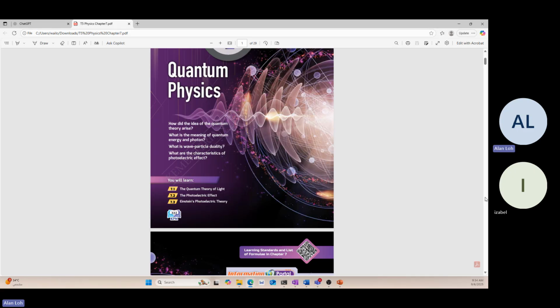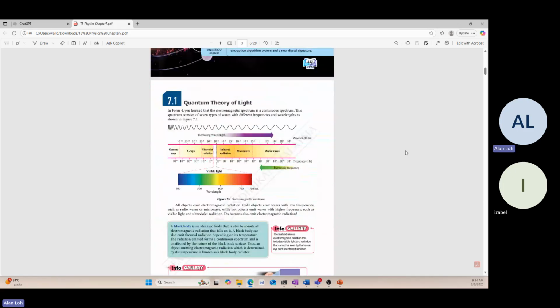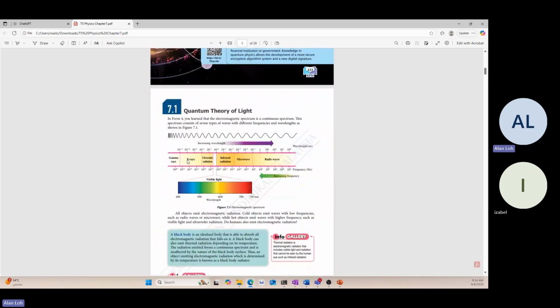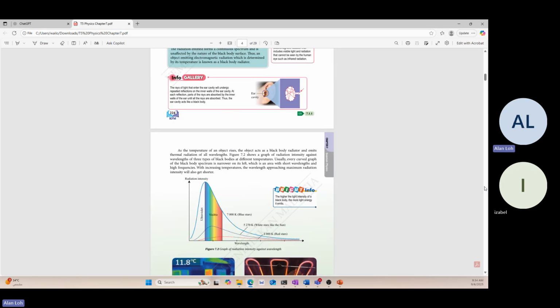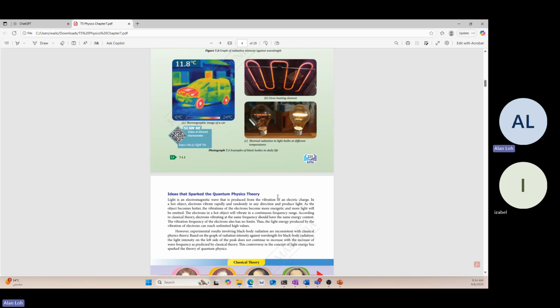It talks about the quantum theory of light. Then you have the waves. Gamma shows the highest frequency, radio wave the lowest frequency. And then you have some radiation. Then you have the quantum physics theory, the ideas.